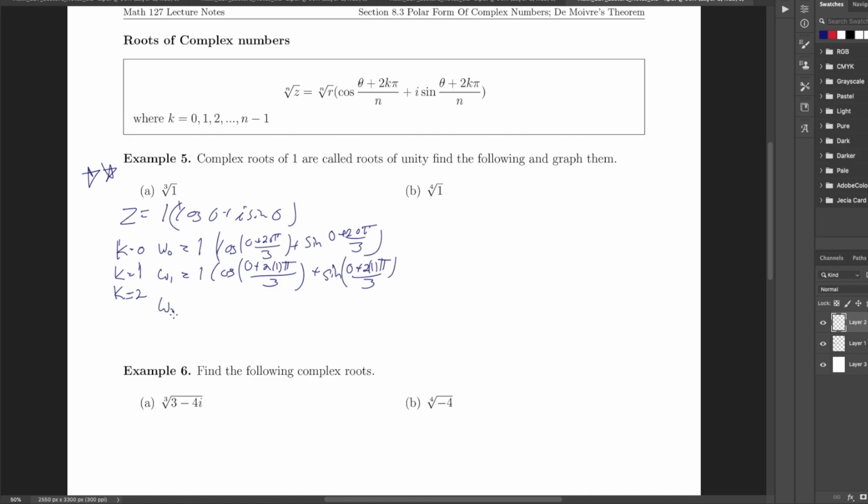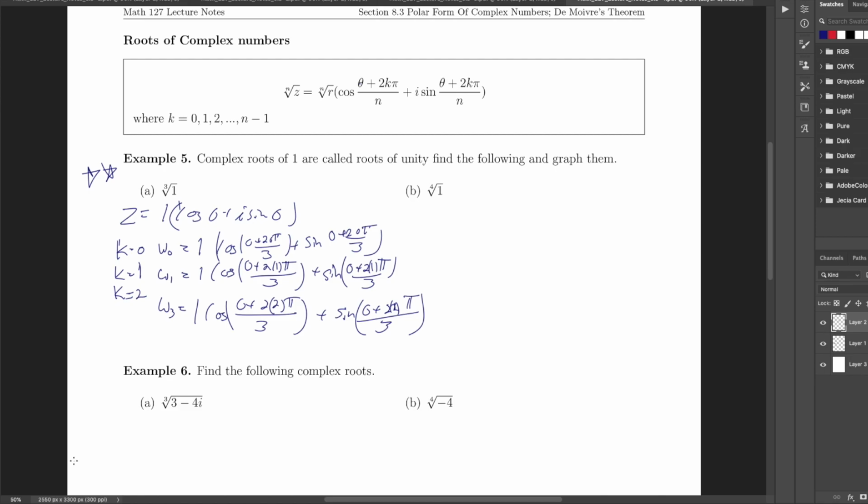And then here we'll have w2 equal to 1 and we'll have cosine of 0 plus 2 times 2 pi over 3, plus i sine of 0 plus 2 times 2 pi over 3.